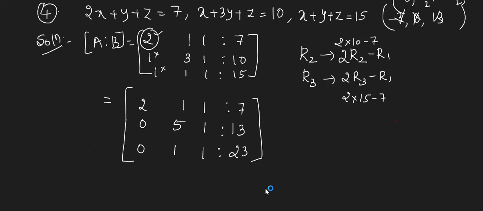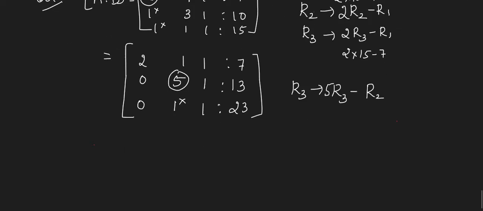Yes, 23. Next, this is the diagonal element. We have to reduce this 1 to 0. So the operation is R3 is R3 minus, you want to reduce 1 to 0 with the help of 5. This 5 is lying in which row? Second one. So the first two rows are the same: 2, 1, 1 is to 7. 0, 5, 1 is to 13 same.